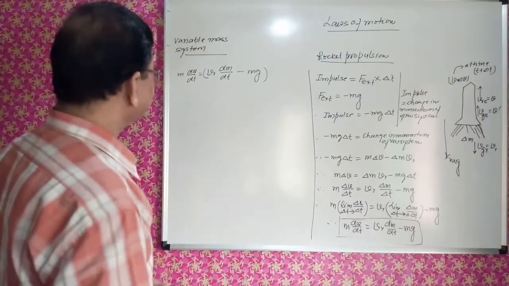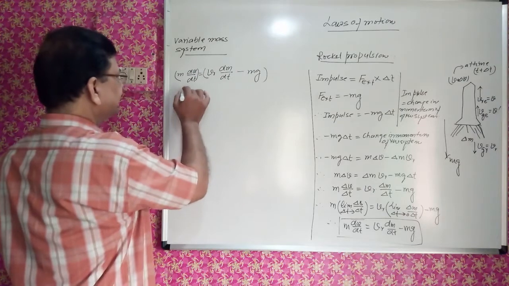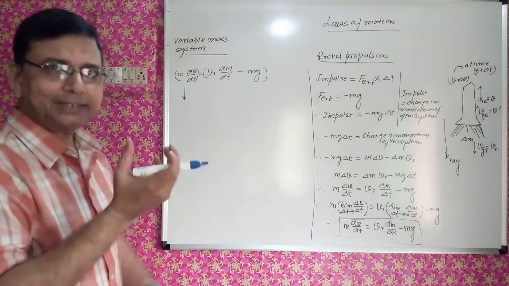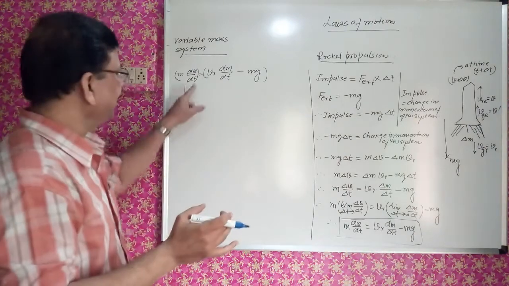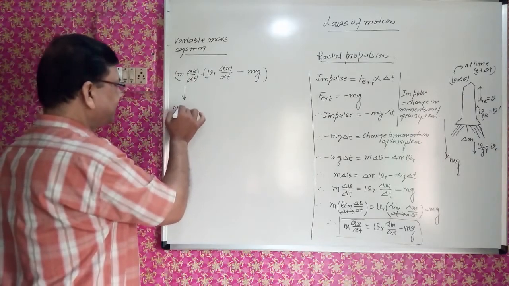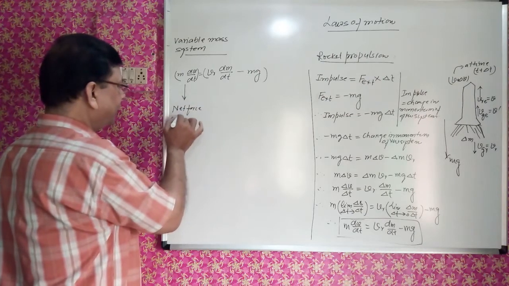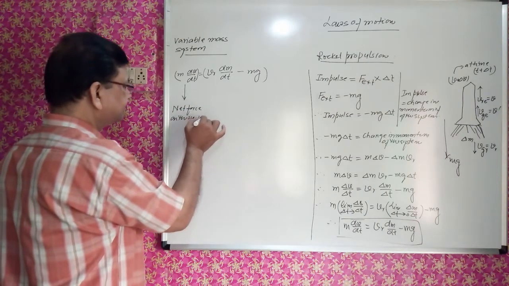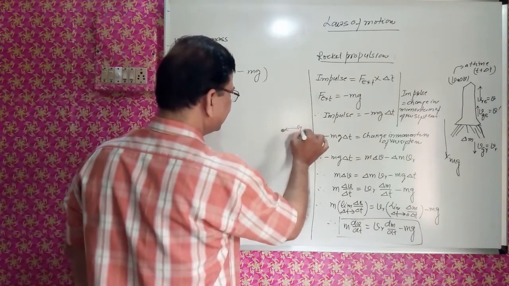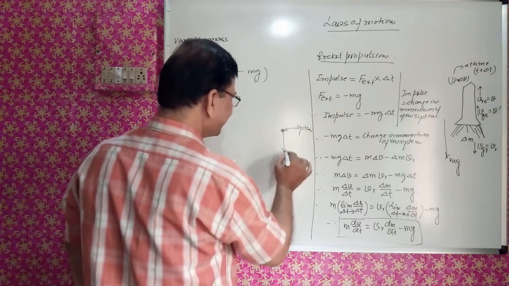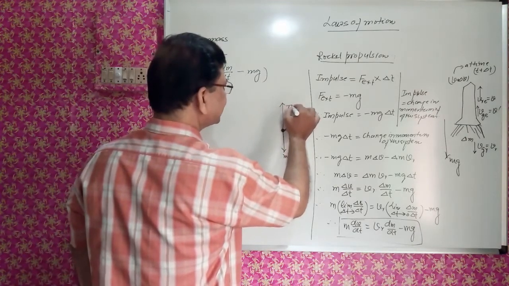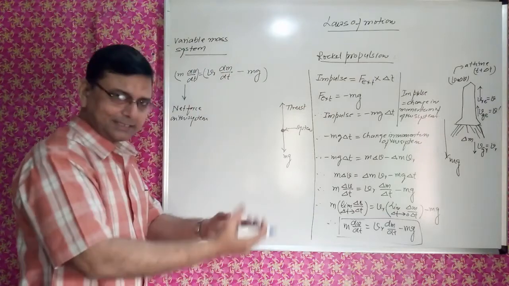What is the significance of this relation? This mass is the mass of the system at time t, and this is the acceleration of the system. So this is the net force on the system. So net force means what? Suppose this is the system I have taken, mg is acting downward, and some force, that is thrust, is acting upward, since the thrust by the gas is coming downward.